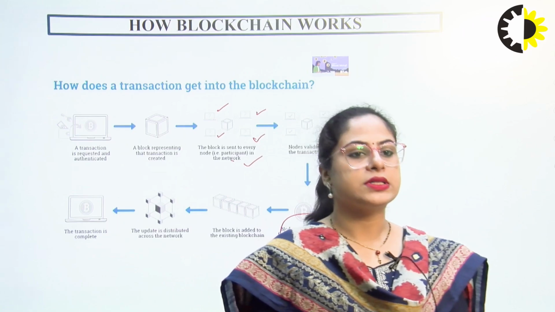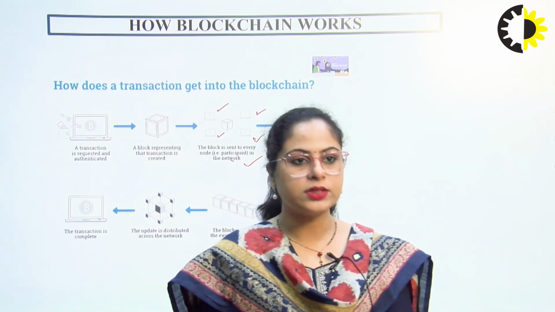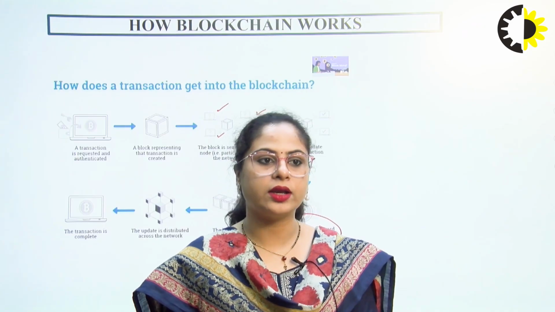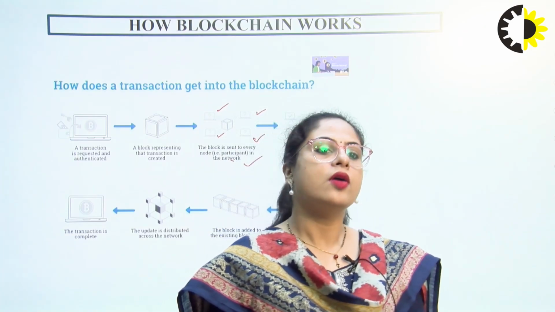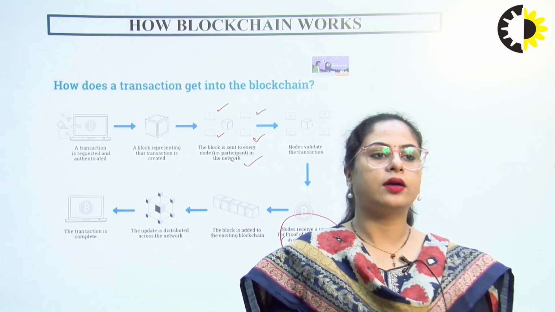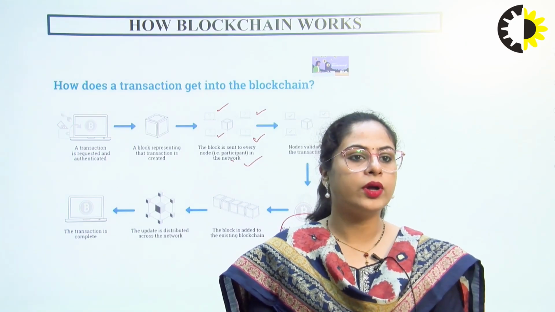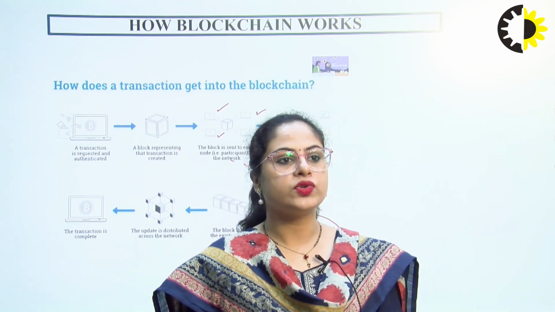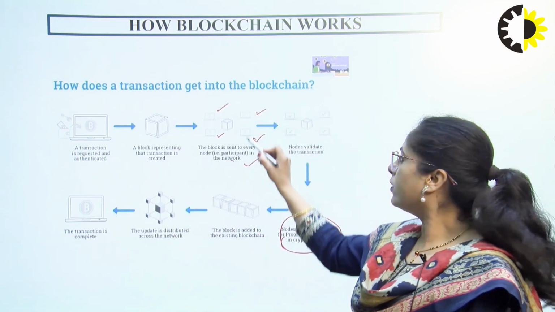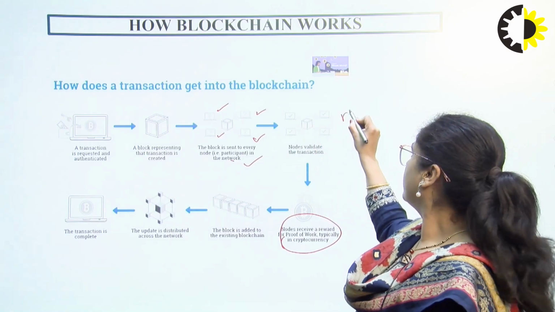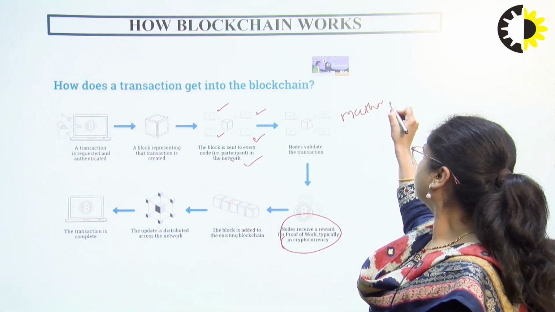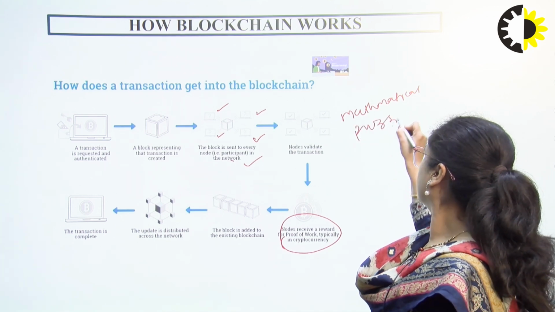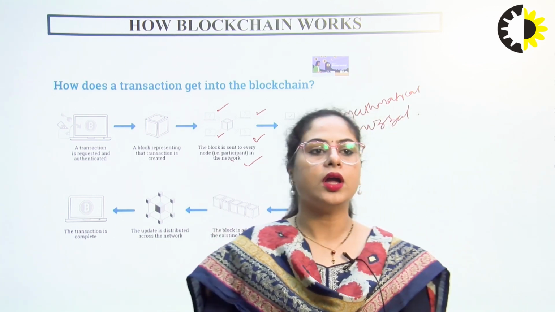Here some puzzle is given to the peers. There are different types of peers available in the network, like endorsing peer, ordering peer, and validating peers. They are there to validate this transaction. To validate this transaction, one mathematical puzzle is given to the node.